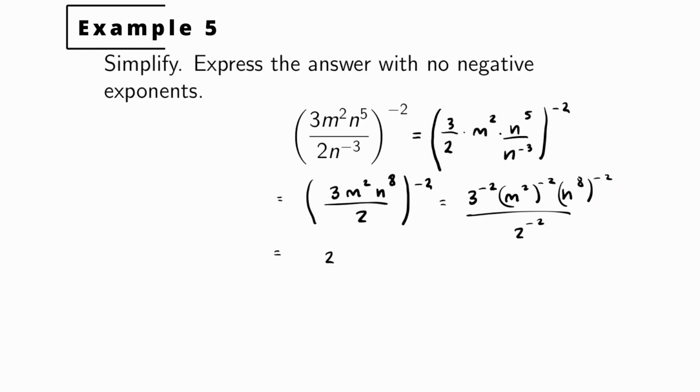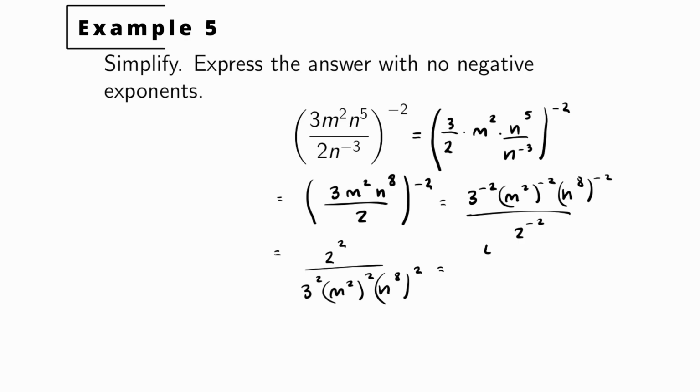So we're going to get 2 squared in the numerator, and then we can move all of the factors up here that have negative exponents down into the denominator and change the sign of their exponents. So we're going to get 3 to the positive 2, m squared to the positive 2, and then n to the 8th also to the positive 2. And the rest of this is just simplification.